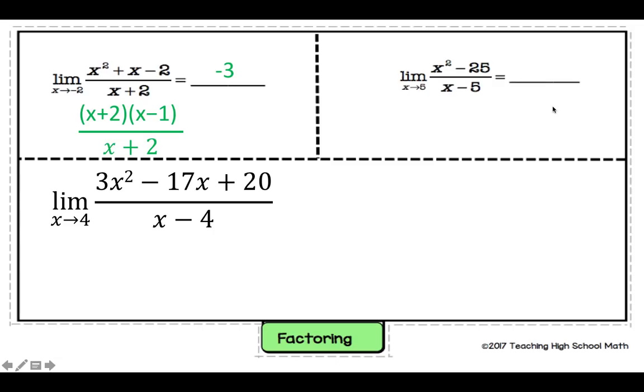Let's move on to this next sample. Again, the first thing you always want to check is, do I get division by 0? If I plug in 5 into my denominator here, I get 5 minus 5. That will give me a 0. That's a problem. Therefore, we must factor this top portion. So let's use our diamond method, or use the fact that a minus b times a plus b equals a squared minus b squared.